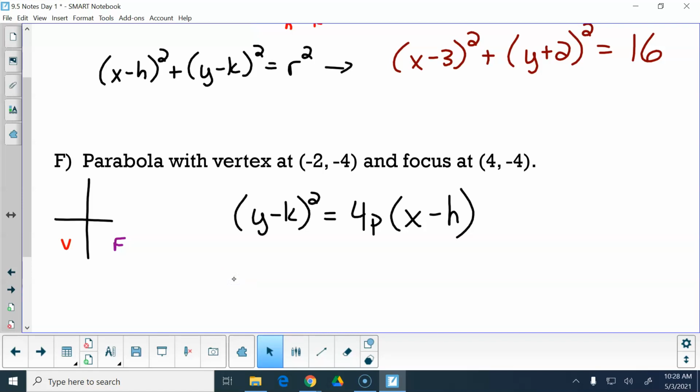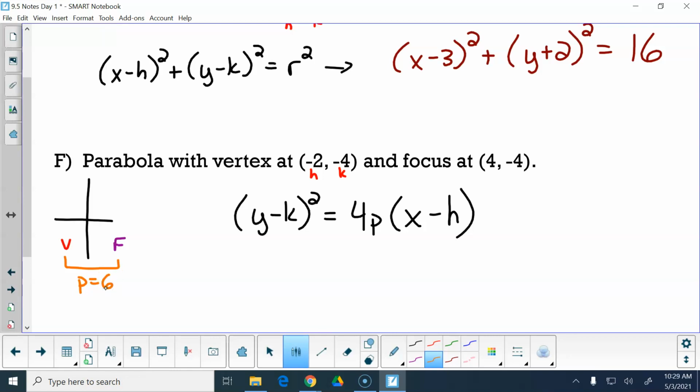This is h and this is k because it's our vertex. And the distance between those two is p. So p here is 6.